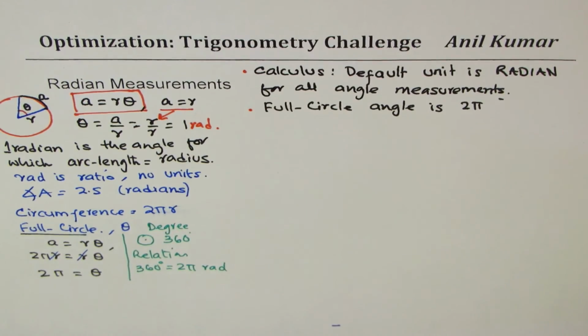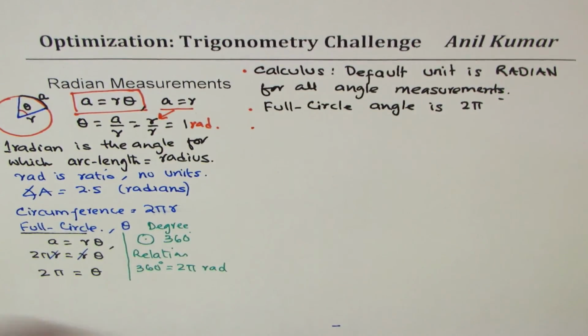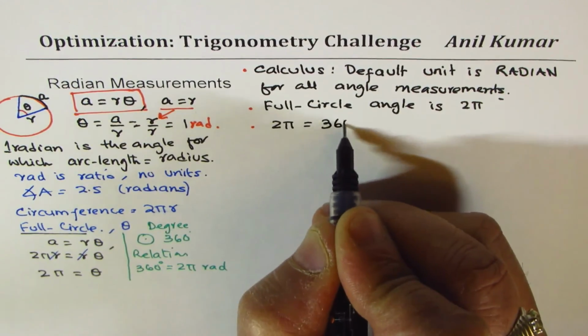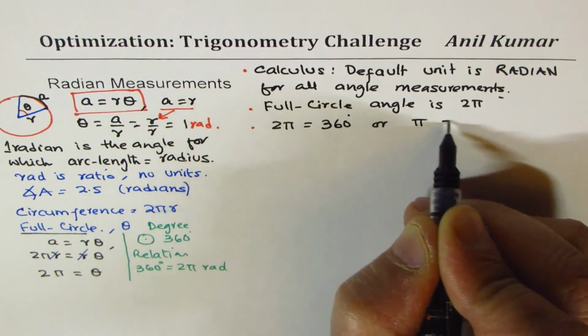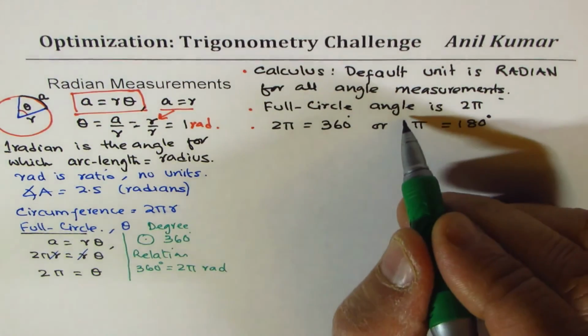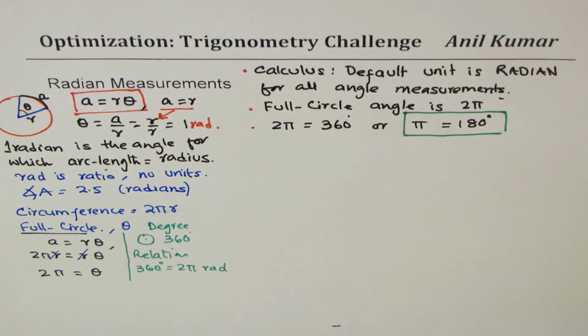So if you have to convert the units, then 2 pi is equal to 360 degrees, or pi is equal to 180 degrees, right? Now this conversion is very, very useful, and we are going to use this conversion a lot. Since you are familiar with degrees, radian might be a new unit for you. So use pi equals 180 degrees for conversion.